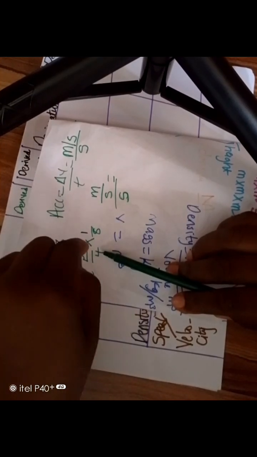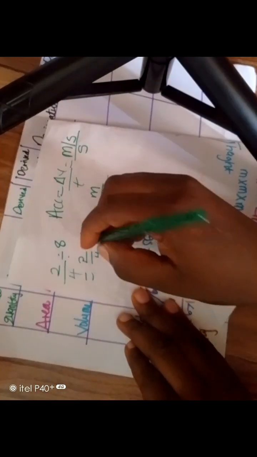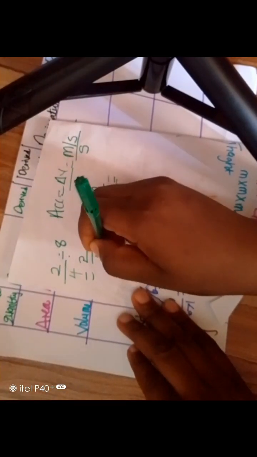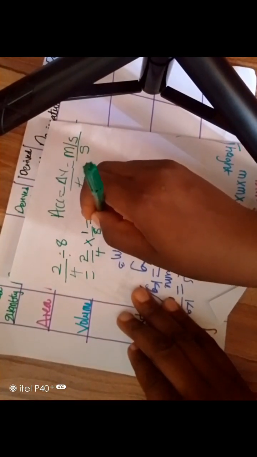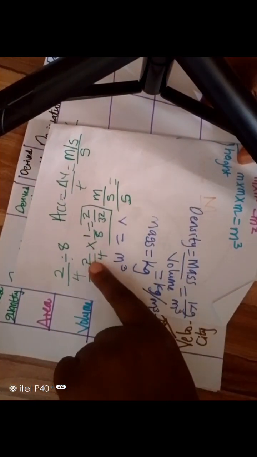Whatever thing that is up will go down, and whatever thing is down will go up. Understand? That is the rule. So that now when you times, 2 times 1 is 2, 4 times 8 is 32. Then now you can go further ahead and simplify. But that is the rule. Understand? This rule is what we apply here.